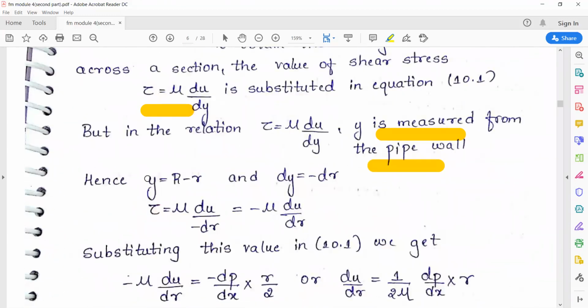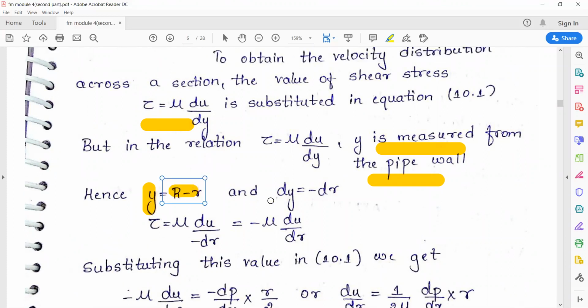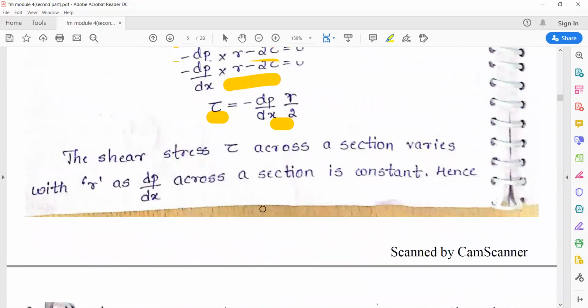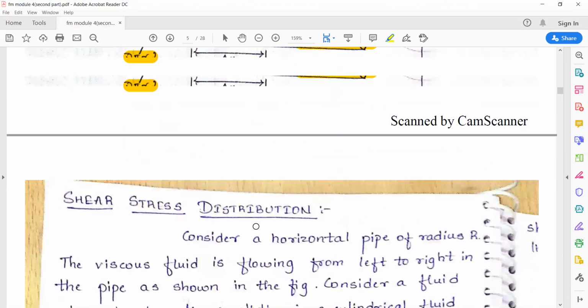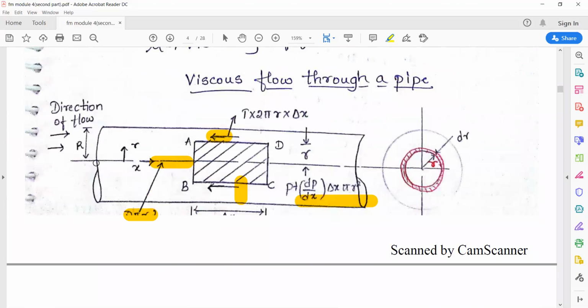So y is equal to capital R minus small r. In this diagram you can see this is capital R, and this is small r.